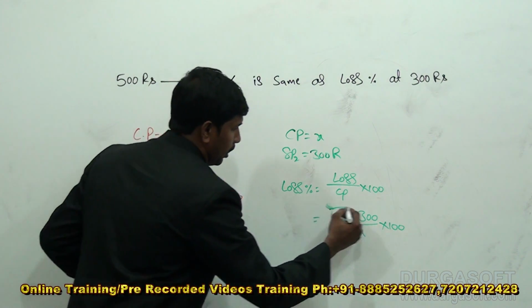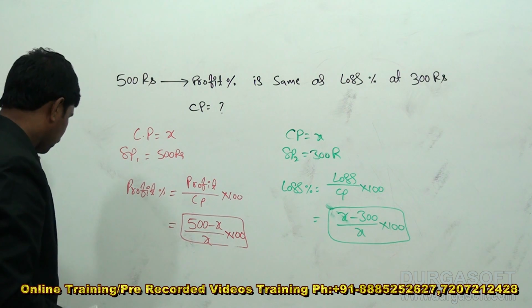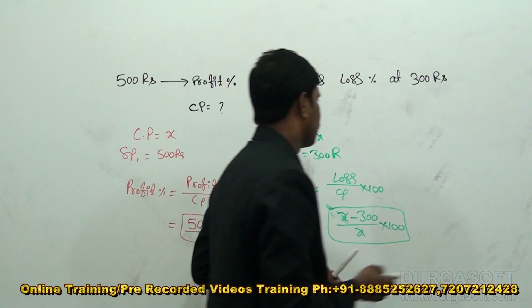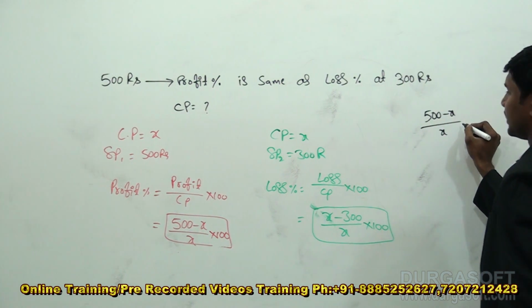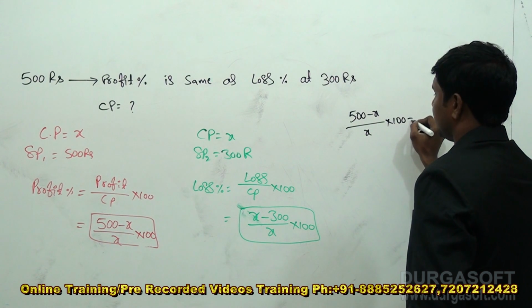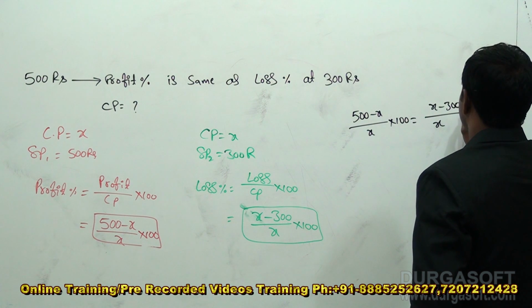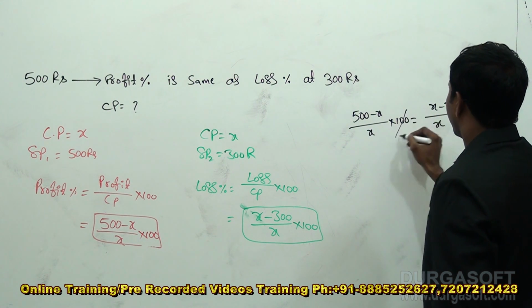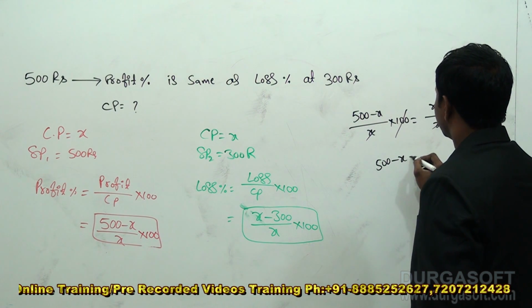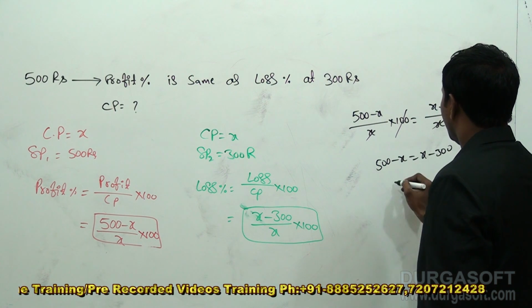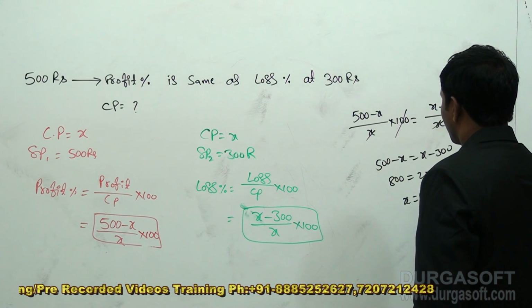It is clearly given that the profit percentage in this case should be equal to the loss percentage in this case. That means 500 minus X by X into 100 is equal to X minus 300 by X into 100. Cancelling 100 and X, 500 minus X is equal to X minus 300. So 800 is equal to 2X, or X is equal to 400.